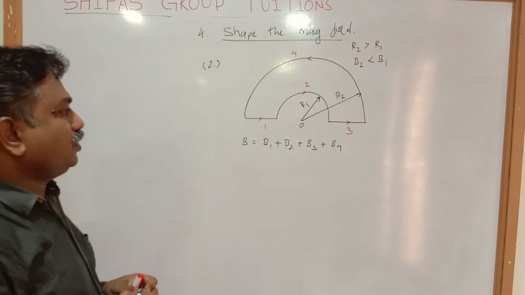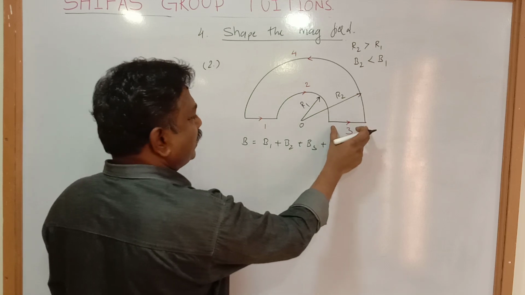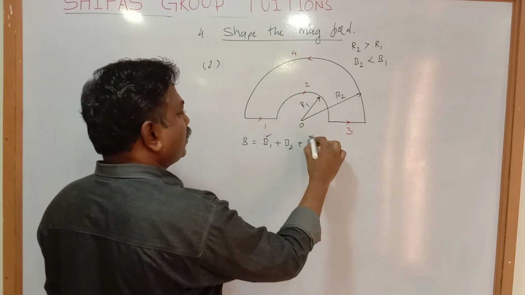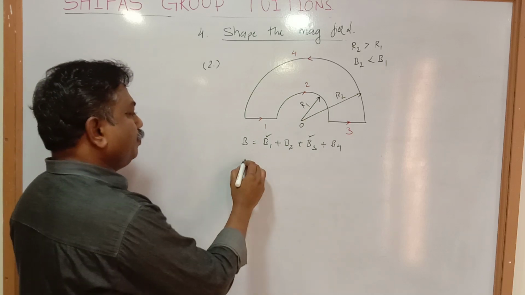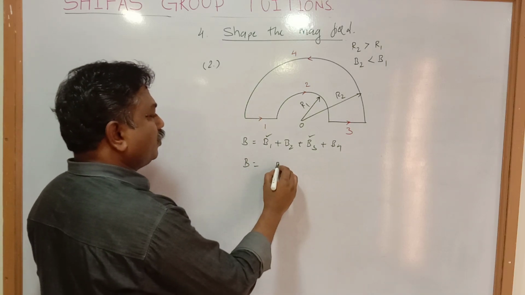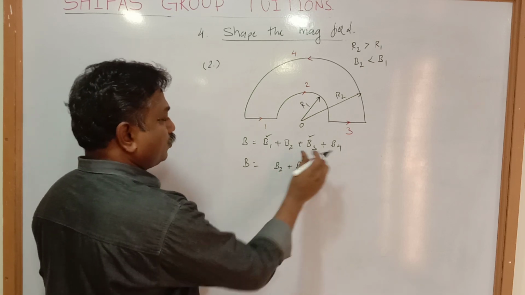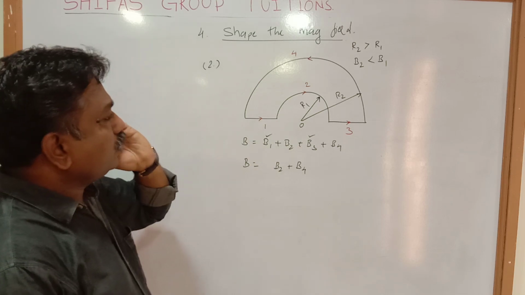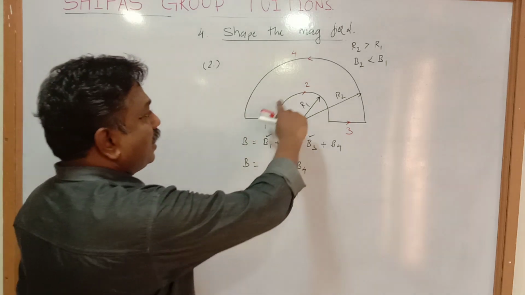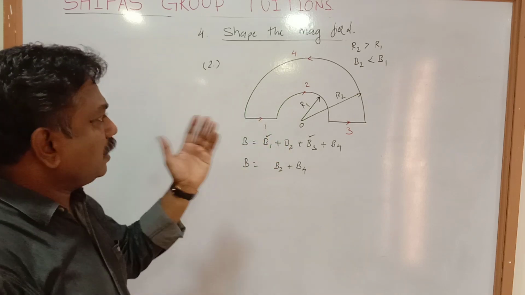Now in the last shape we learned that for part number 1 and part number 3, the magnetic field would be 0. So B is equal to, we would be left with B2 plus B4. So we need to concentrate only on the two shapes, that is of radius R1 and radius R2, as they are semicircles.